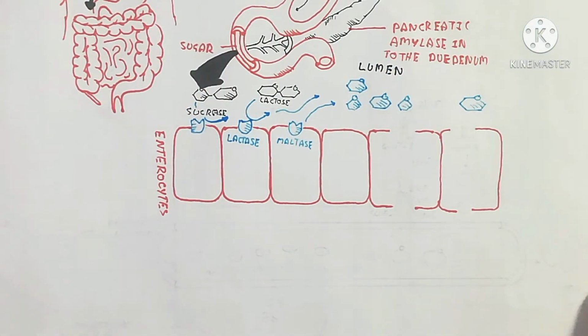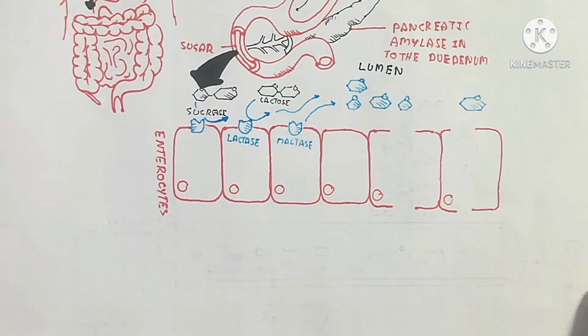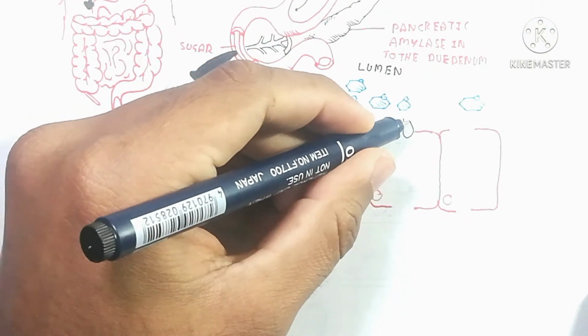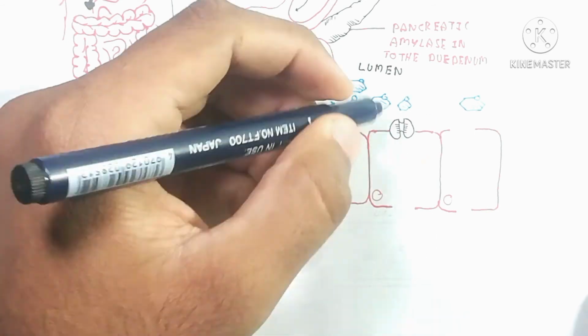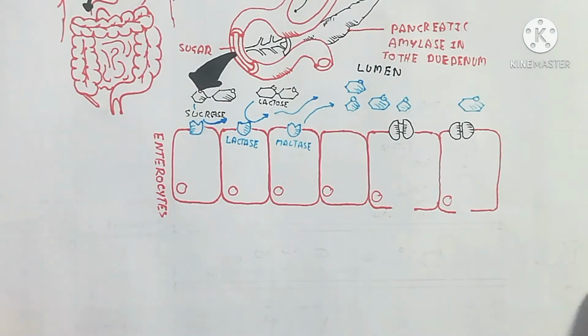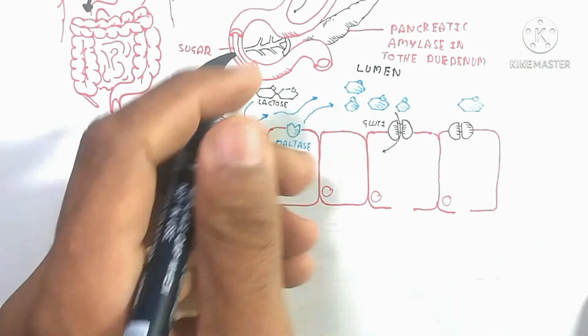Then basically, fructose will enter as two sodium ions move inside with one molecule of fructose, and that further goes into the bloodstream by active transport. How is it possible? Let's talk about it.